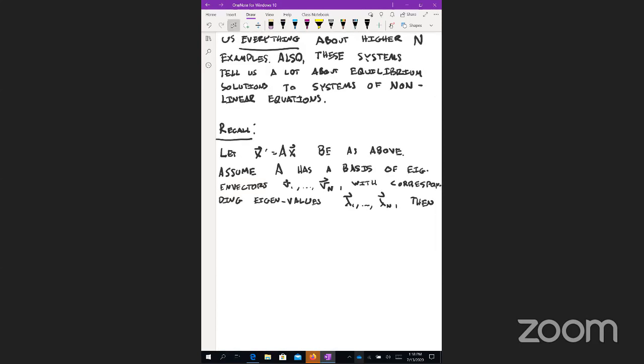Then the general solution is going to be the vector x equals C1 e to the lambda 1 t times v1 plus up to Cn e to the lambda n t times vn. Okay.